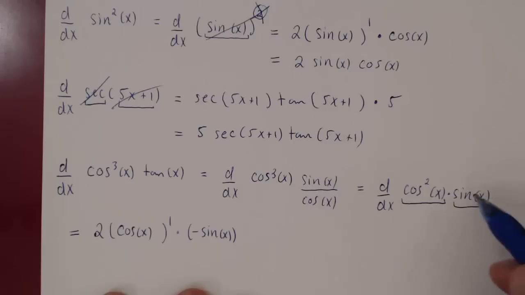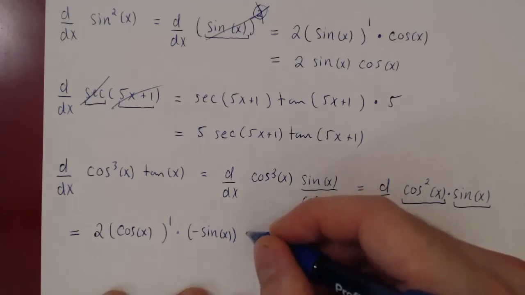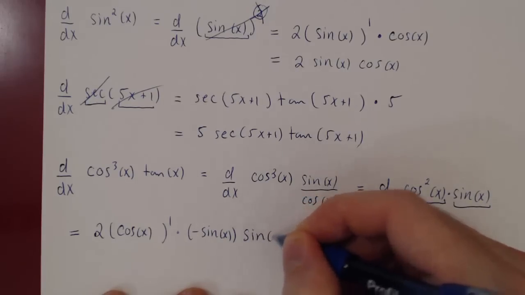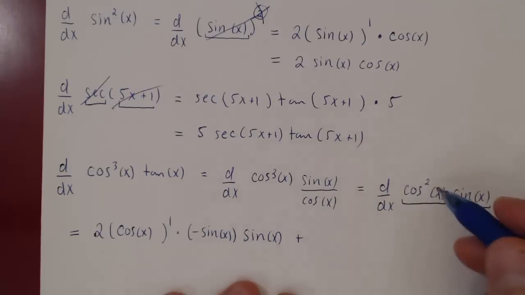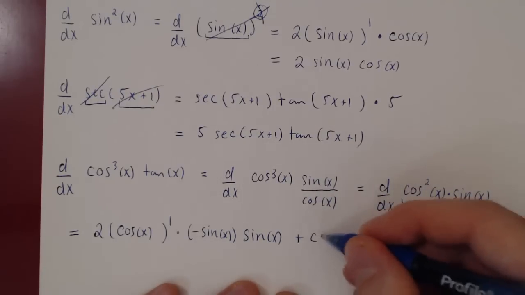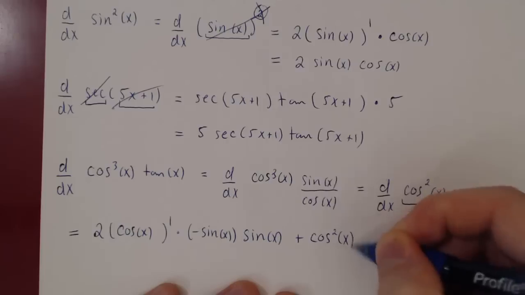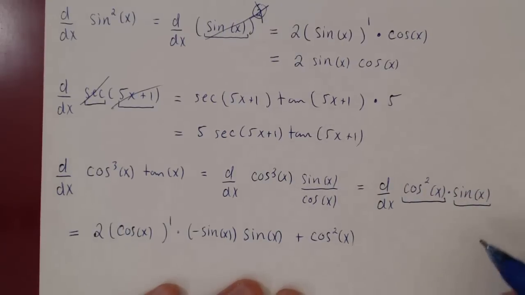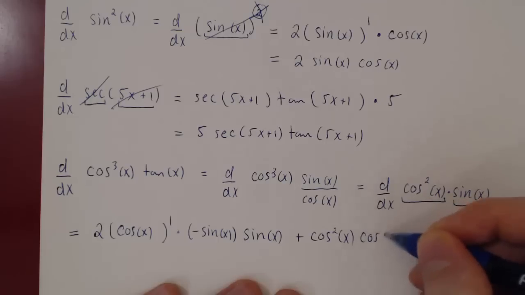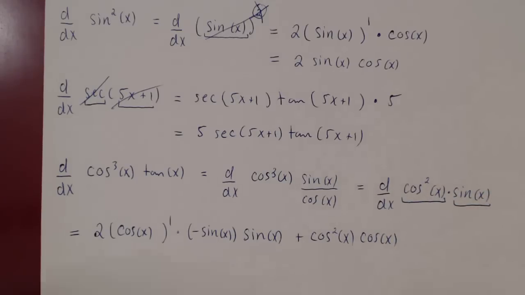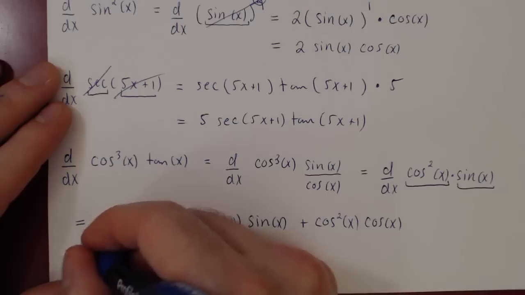We have to multiply this by the second function, which is sine of x, plus now the first function, cos squared of x, times the derivative of the second function. Derivative of sine of x is cos of x. And now we can simplify. So what do we have?